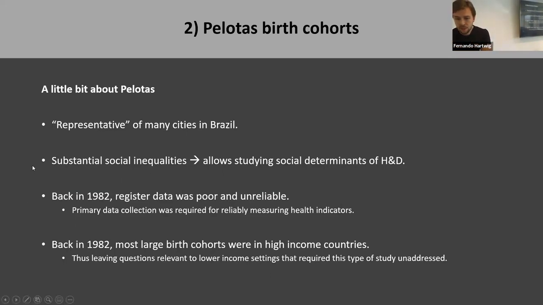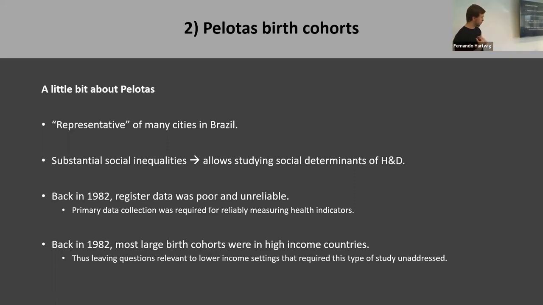We have substantial social inequalities as evidenced by the Gini index, and especially the high infant mortality rate. And this is bad. It's bad to have social inequalities. But in terms of research, it's actually useful because it allows you to study social determinants of health and development.